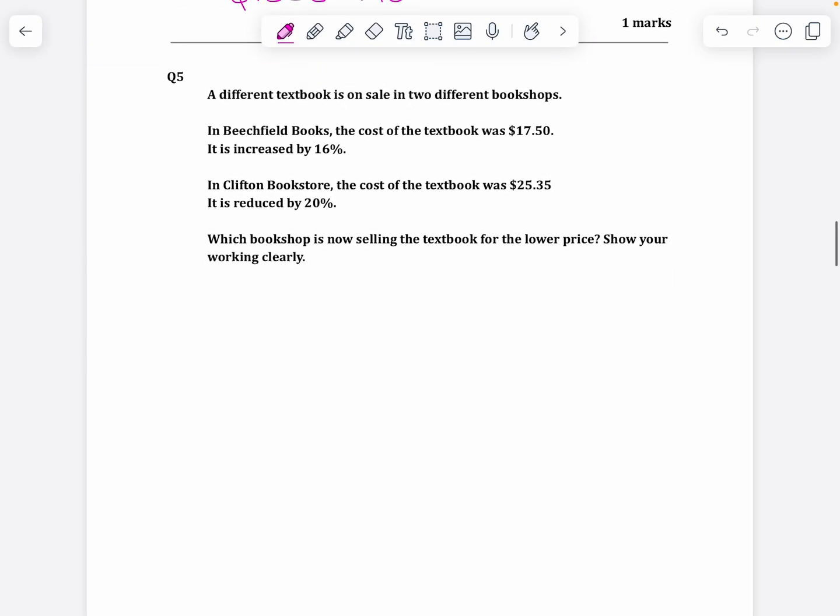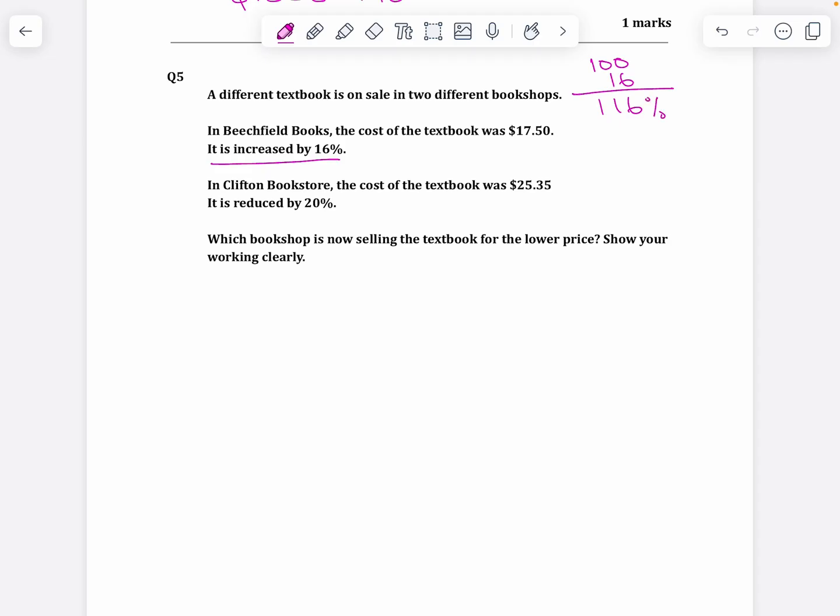Okay, here we have to decide which book is selling the textbook for the lower price. So here in Beachfield Books, we have a 16% increase. Now remember, to do an increase, we do 100% plus the 16%, and that means in total we have 116%.